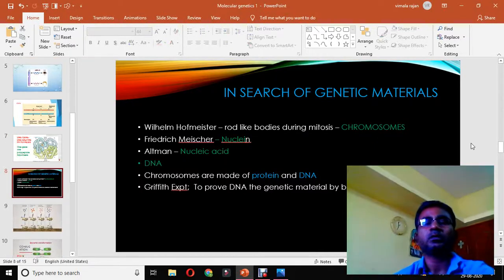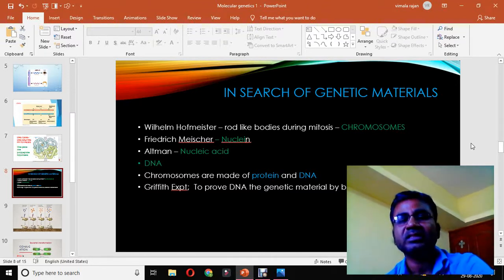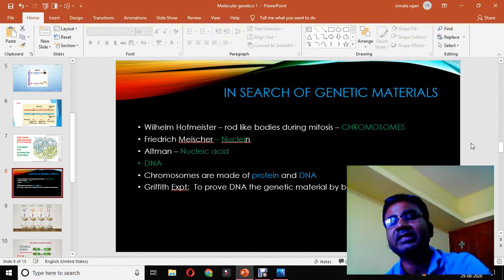Now, in search of genetic material: how genetic material was found out, the history of the discovery of genetic material, how DNA was found.